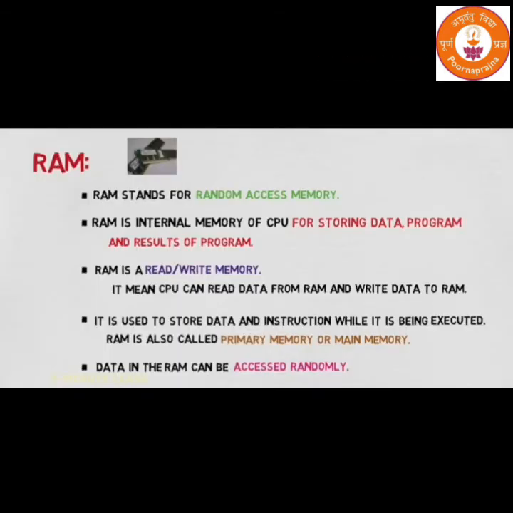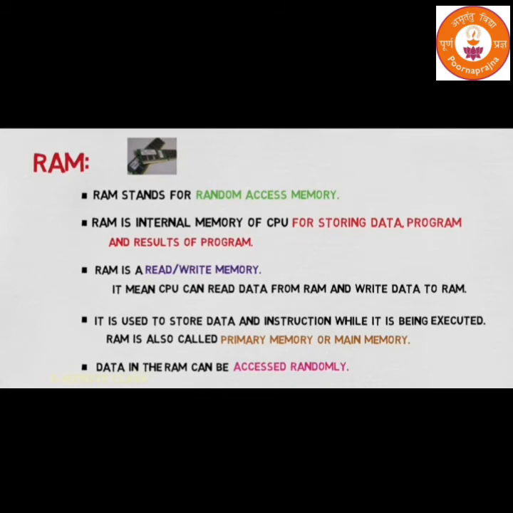Now let's learn about RAM in detail. RAM stands for random access memory. RAM is the internal memory of the CPU for storing data, programs and results of programs. RAM is a read or write memory. It means the CPU can read data from RAM and write data to RAM.